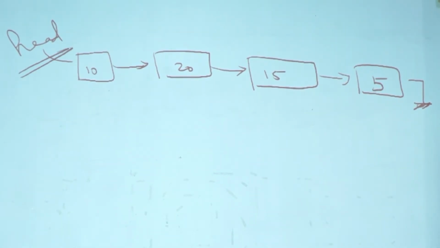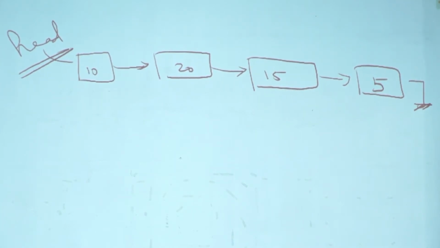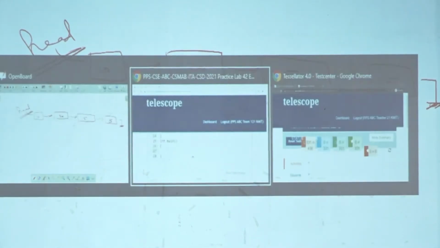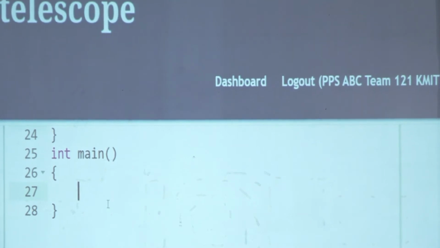That is, after I have done the job, my list, let's say tentatively, should be this. How am I going to build it? Are you with me? We are going to build this list using the add node which we just wrote. We are going to craft this list piece by piece. Okay. Shall we start?